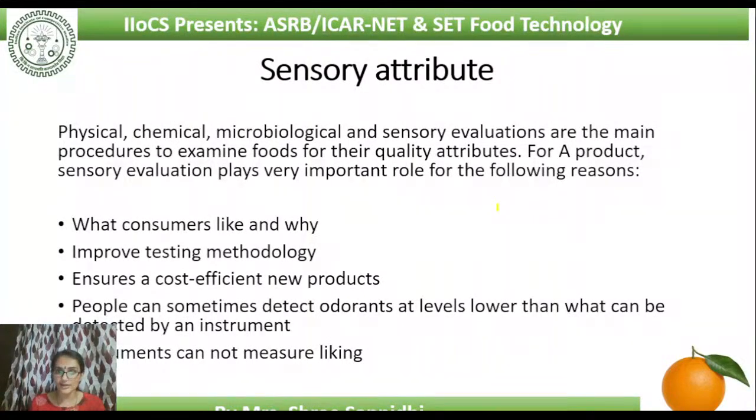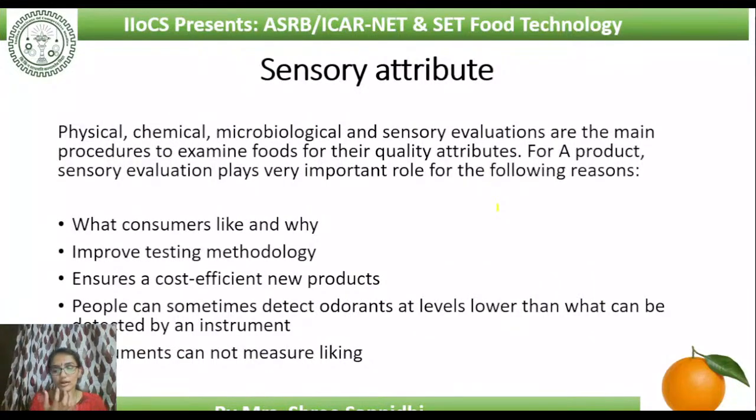Then the chemical properties should be studied by the knowledge of food science. We studied before, right? So we have to study the food chemistry. And then microbiological properties. So we have to see the microbiological load. Is it safe to consume or not? And then sensory evaluation.